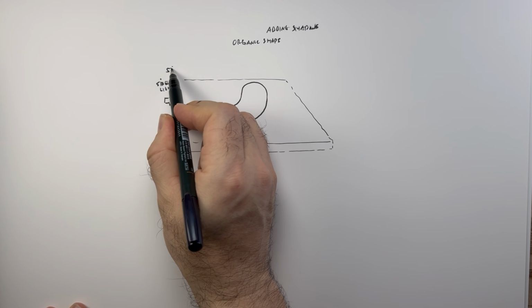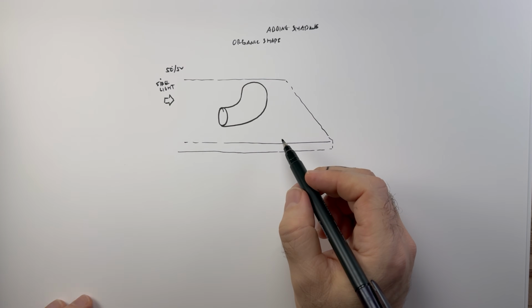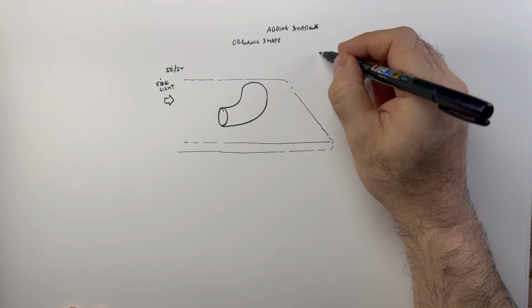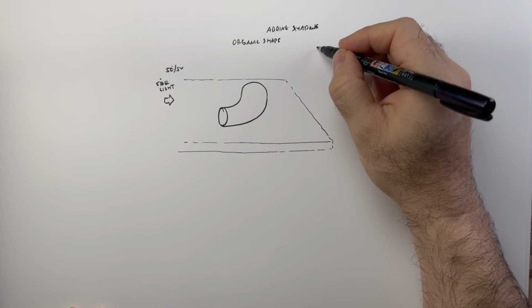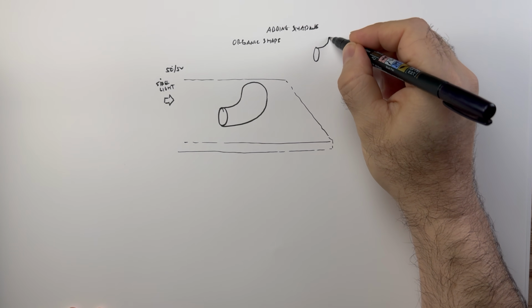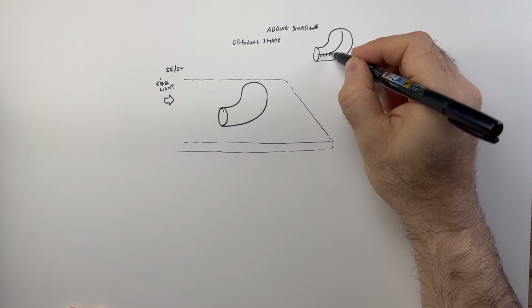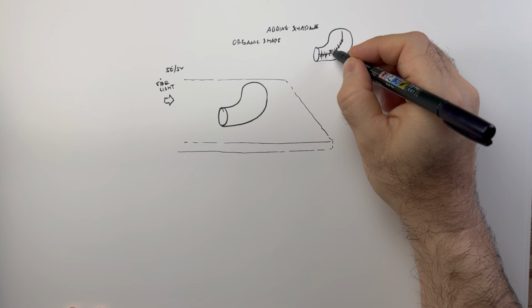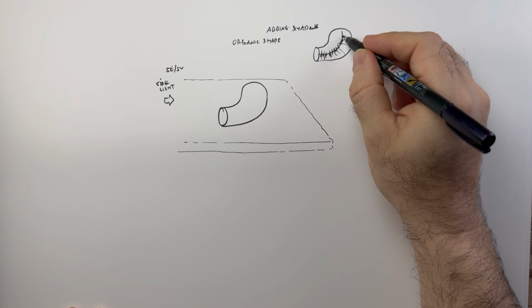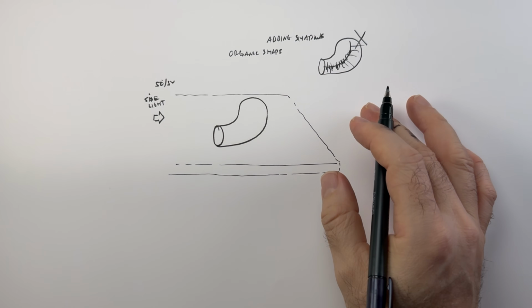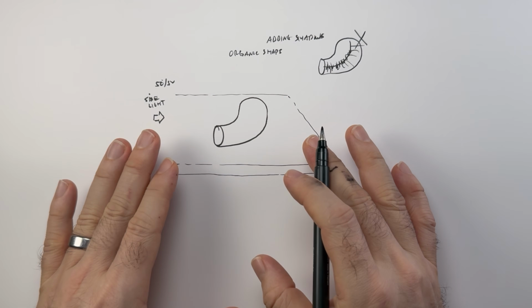So you have side light, which is basically 50-50, right? So right off the bat, you're thinking, well, I think I know what it's going to be like. It's going to be like this, right? Do your core shadow, you do this, and that would be wrong, because you have to break down organic shapes.